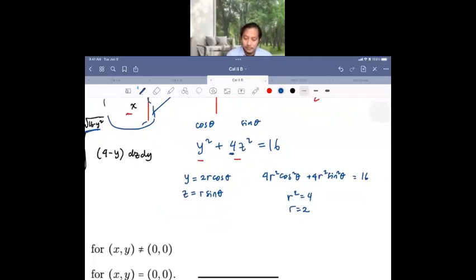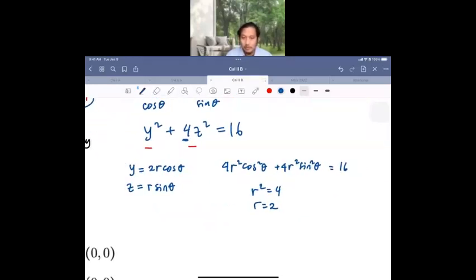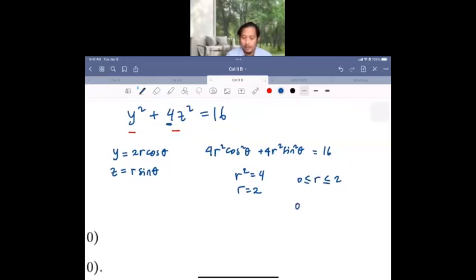Now, since we got r, we can write r from 0 to 2. And we can also write theta, because it's on the first octant, so we can just focus on a quarter, 0 to pi over 2.